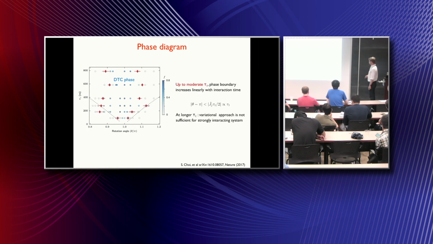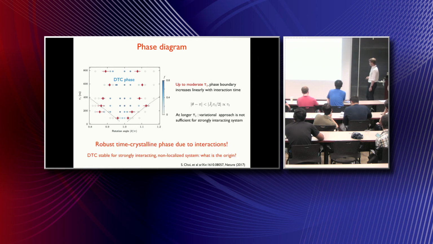Of course, what is also clear here is that at long times, this variational approach is no longer sufficient to describe the system. In fact, at the time when we observed this effect, we did not fully understand what was going on, and this is connected to the fact that our system is not truly in the many-body localized regime.